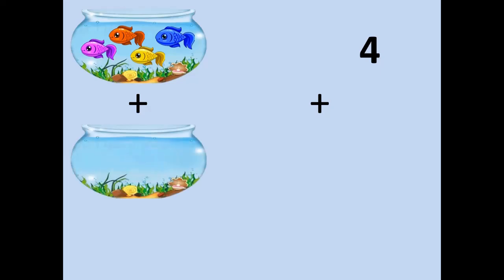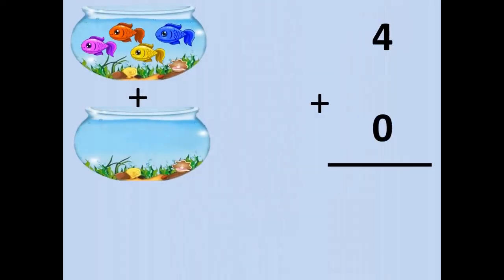Plus, what can you see, children? Yes, it is an empty bowl with no fish, or 0 fish, in it. So we will write 0. So children, think, what will be the answer?